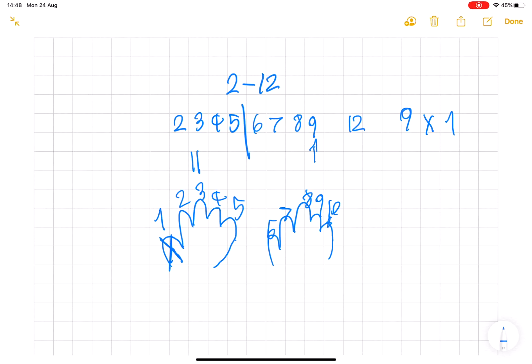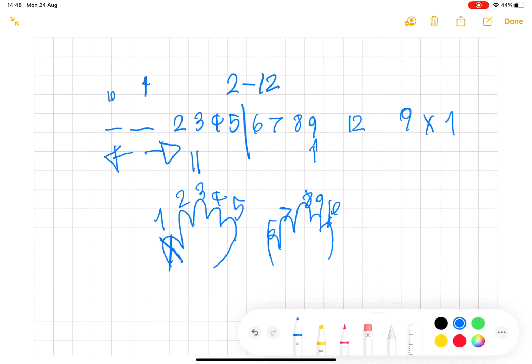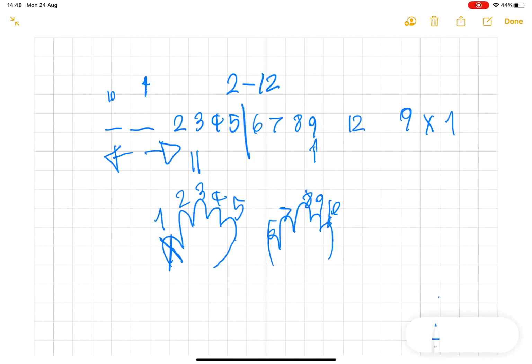Every number on the left will be in the 10s place, and every number to the right will be in the 1s place.